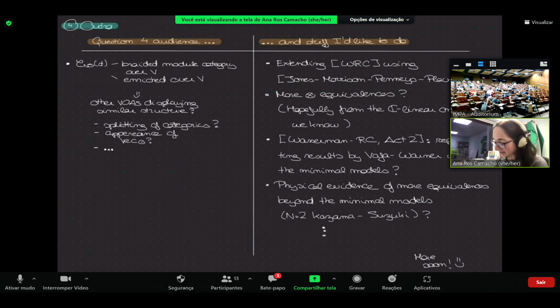And I also have been putting this in many of my talks, but there's physical evidence for more equivalences beyond the minimal models, actually involving the N=2 Kazama-Suzuki models. So hopefully another source of interesting relations between categories of representations of VOAs and these quite nice matrix factorizations.